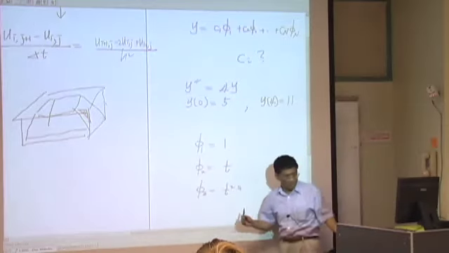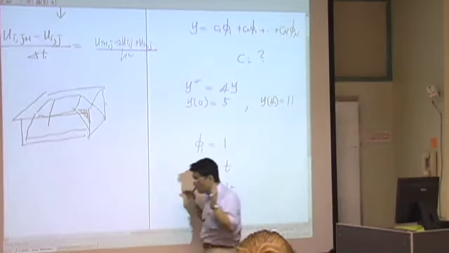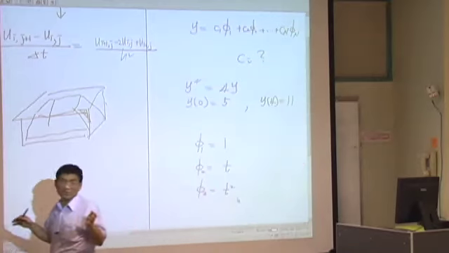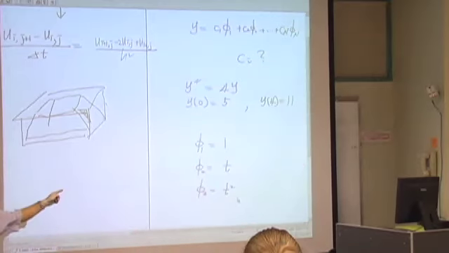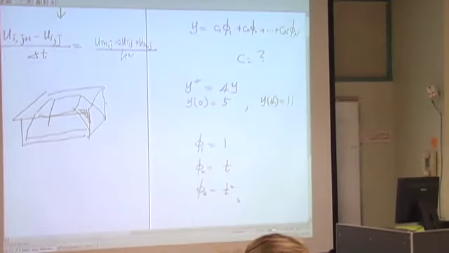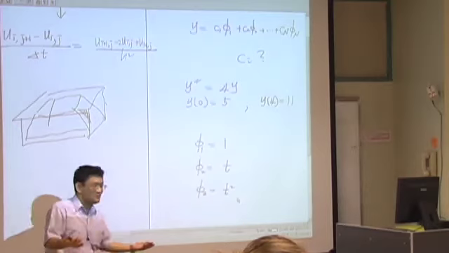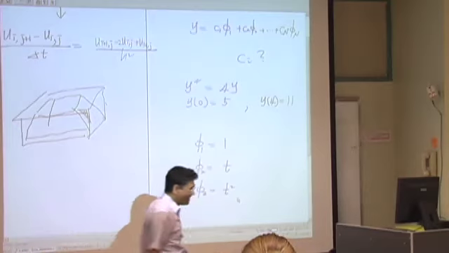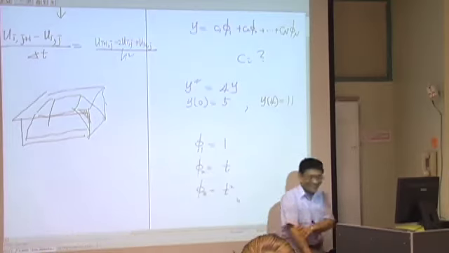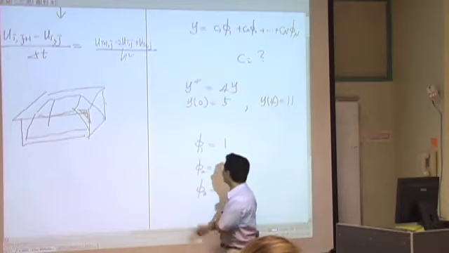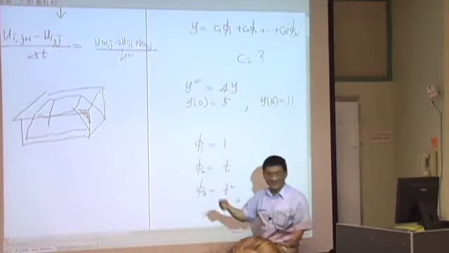Assume that we are using 3 basis functions. But if you want to use 5 basis functions, then you can add more functions. And that's your choice. So at least use more than 5, please. I don't want to use just one.